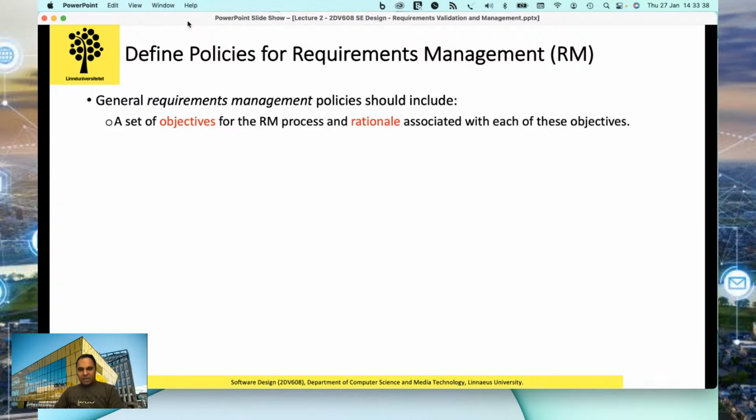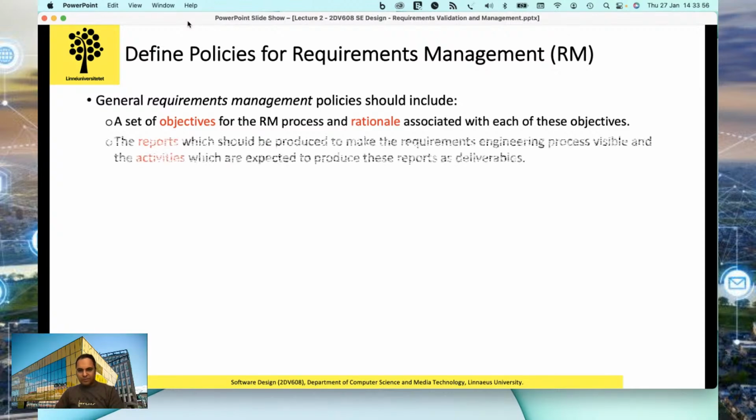And what are those things that should be in a standard or good requirements management policy? So a good requirements management policy, of course, first should describe a set of objectives that it wants to achieve through this management policy, and then it should produce some outcomes, or let's say some reports, as part of your requirements management policy.